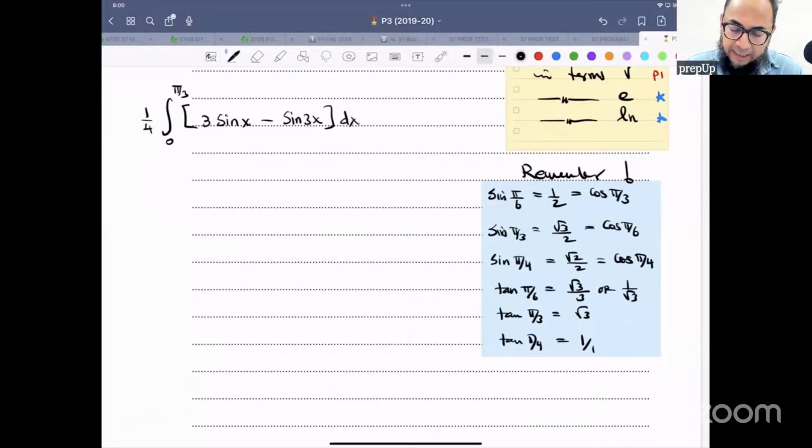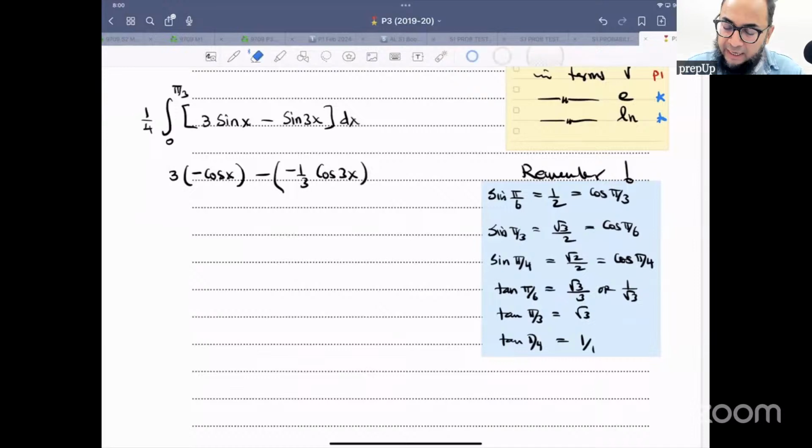Let's get this integrated. So this is 3. Integral of sine is negative cosine x minus. Integral of sine is again cosine, and there is minus 1/3 cosine 3x. And let me just write this thing perfectly. So now this minus and this minus, that would make it positive.